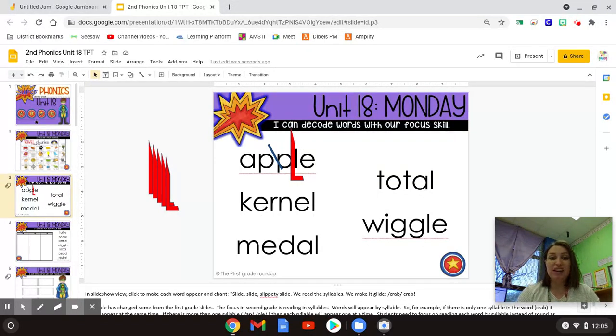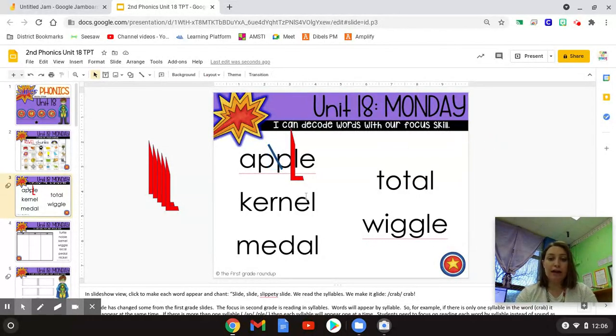We decided that it was 2 syllables. We went ahead and split those syllables. Apple. Then we looked at the final syllable, the last syllable, and decided that it was consonant LE. Consonant LE.